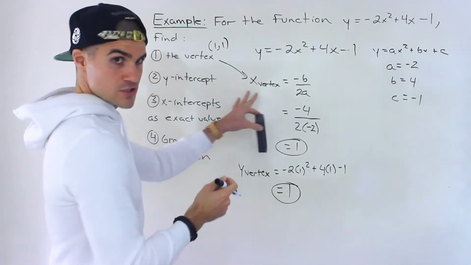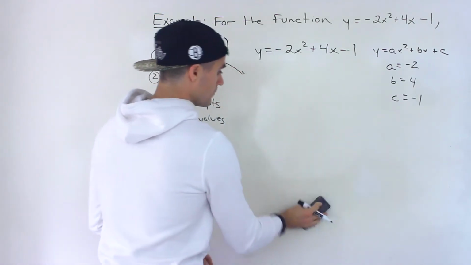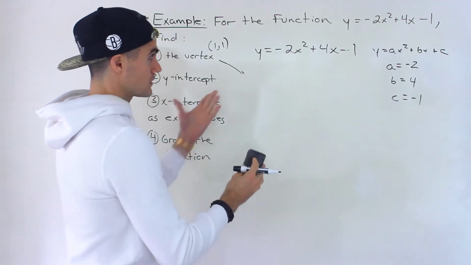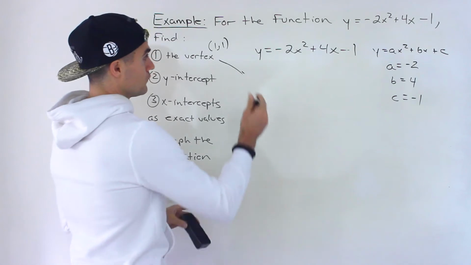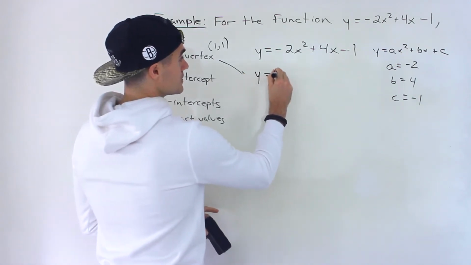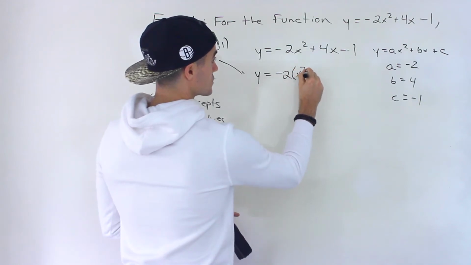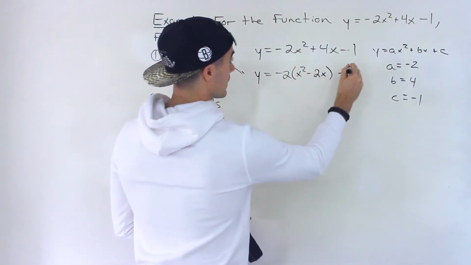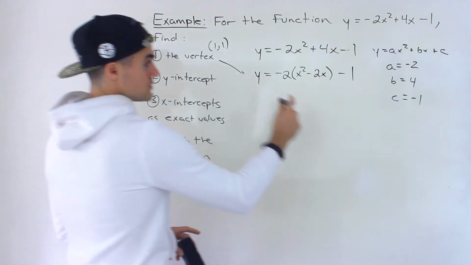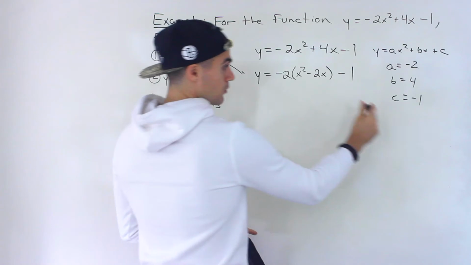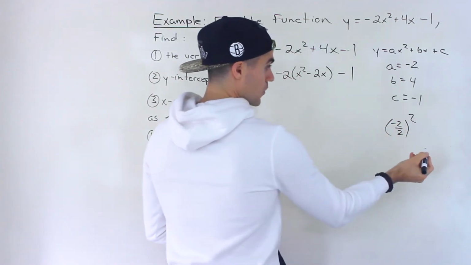Now, if your teacher doesn't allow you to use this formula, some want you to complete the square, like the question may say, find the vertex by completing the square. If you're to do that, you've got to first factor out a negative 2 from these two. So that would be x squared minus 2x, and then the minus 1 we leave on the outside. And then you take that negative 2 in the bracket, divide it by 2, and then square it.